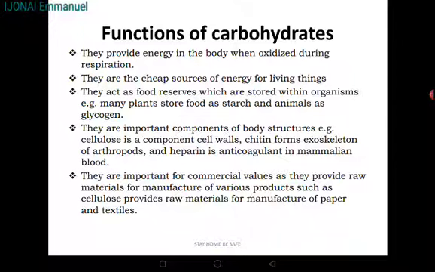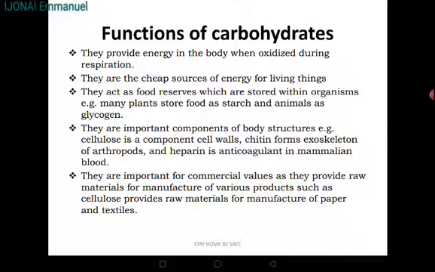Well, students, that's great. Having looked at the functions of carbohydrates, what about if the carbohydrates in the body are not enough, or you do not have carbohydrates in your body? What would happen? I'm thinking you would develop some problem, right?